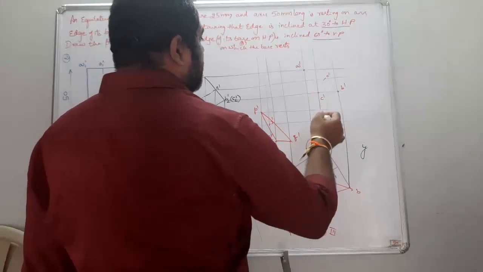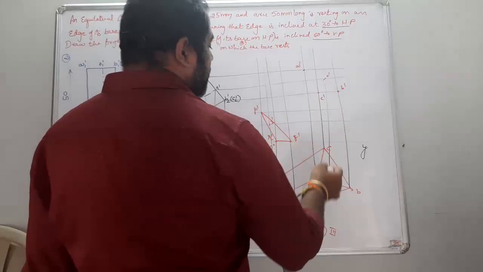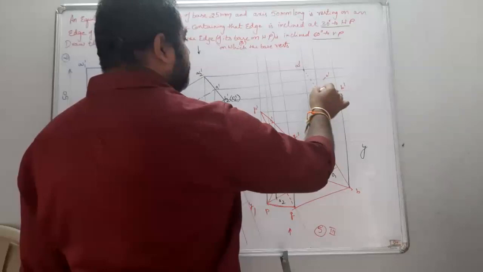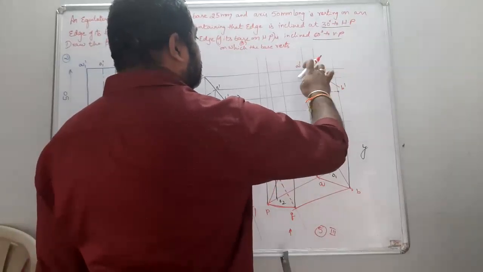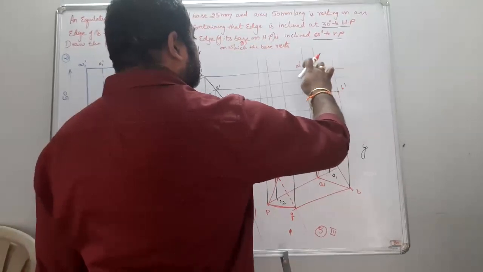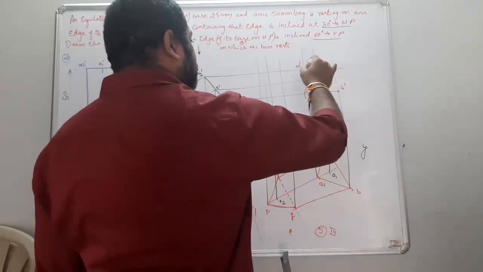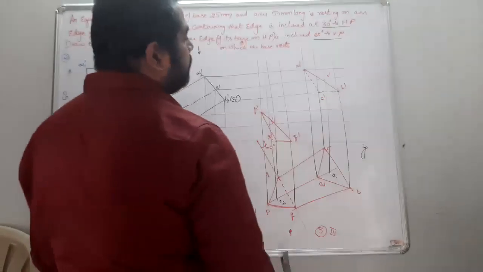And let us see the farthest point from the observer is C. So the lines which are passing from C are going to be dotted. Okay.